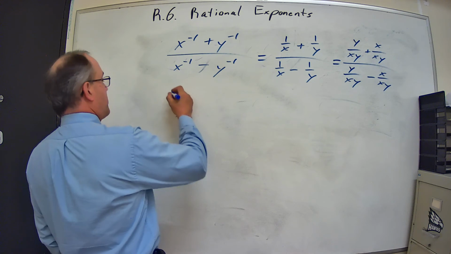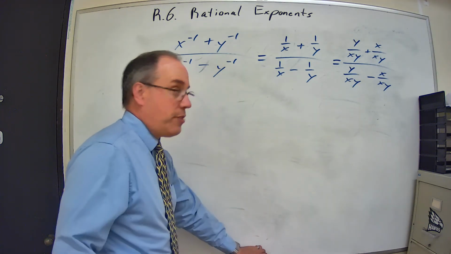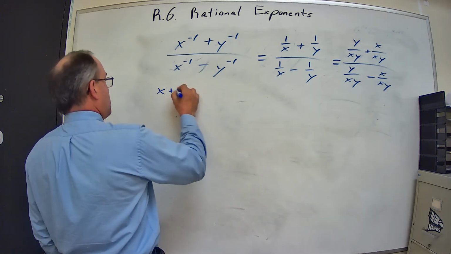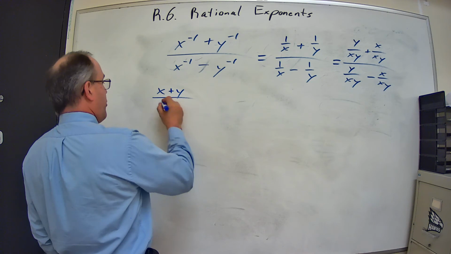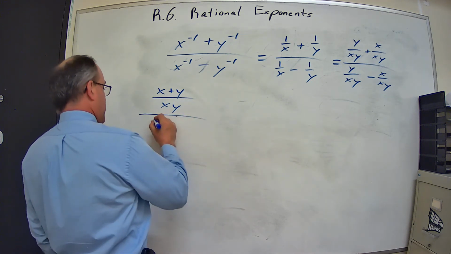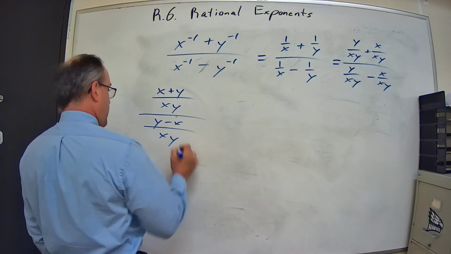That's y plus x, but put it in alphabetical order, right? Commutative property of addition: y plus x is the same as x plus y. x plus y over xy all over y minus x over xy.